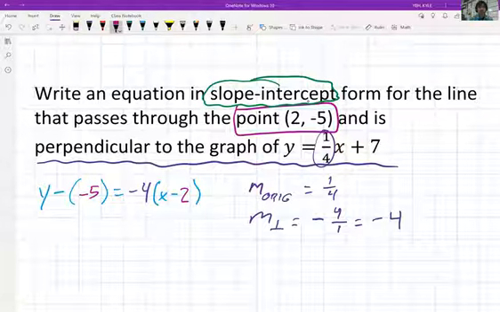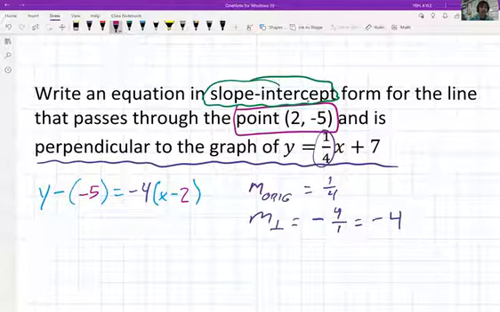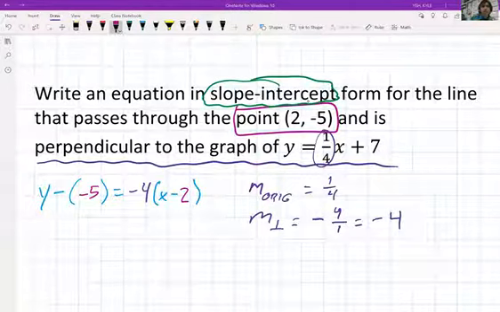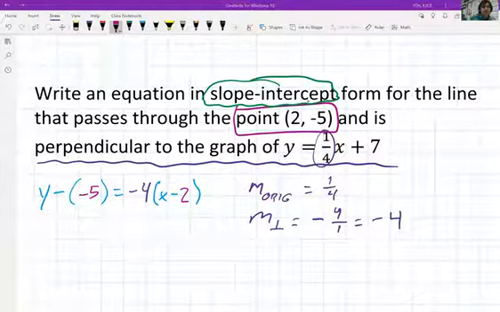To get it into slope-intercept form, we just got to get y alone. We've done this. I'm going to let you just work this one out, get y alone, get it in slope-intercept form. So pause the video, and then when you're ready, unpause it, and you'll see my answer, and hopefully ours will match. Go ahead, pause your video, work it out, and then hit play when you're ready.